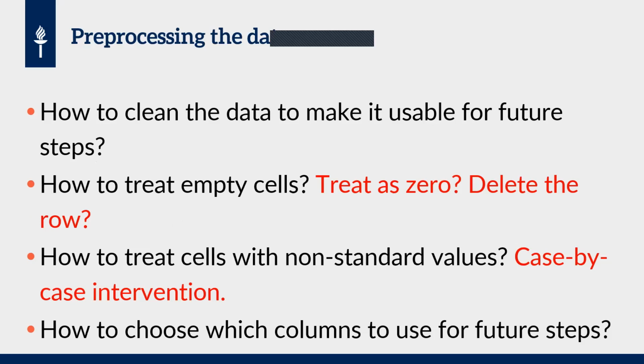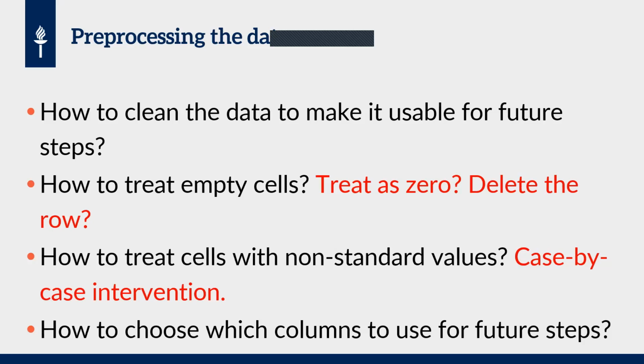So how did we treat empty cells? Do we treat them as 0? Do we delete the entire row? It depends. On the left-hand side of the data, I mentioned, for example, the example of nickel. Some teams might be interested in nickel, but not others. So if a value is empty, it is reasonable to assume that they just did not add nickel to the material.